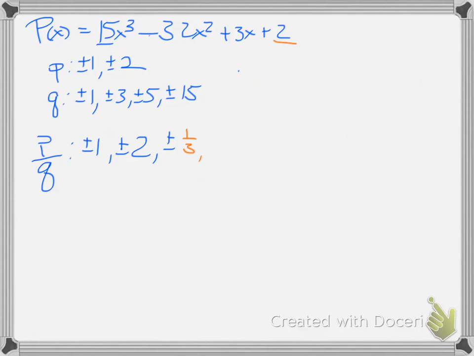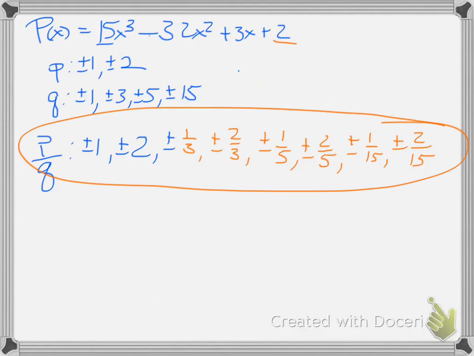Then plus or minus 2 over 3. And then start back, plus or minus 1 over 5, plus or minus 2 over 5, plus or minus 1 over 15, plus or minus 2 over 15. So this is the list of all the possible rational zeros.